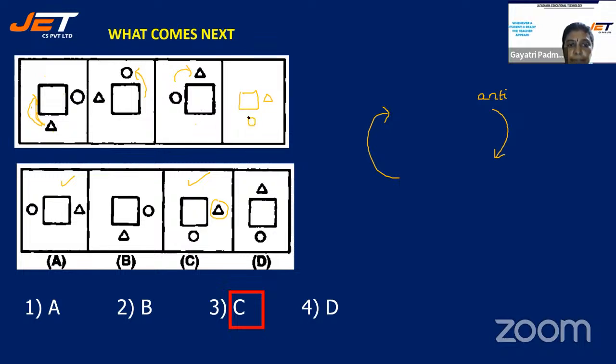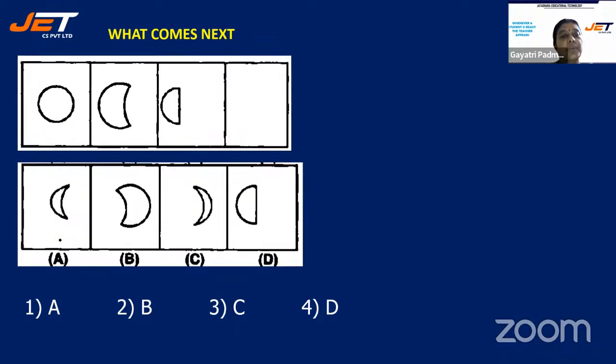But in A, the circle is towards the left, so A cannot be the answer. Only C is the answer. All right, students, I'm sure you would have understood this. Now, with the same understanding, let's move on to the next question.